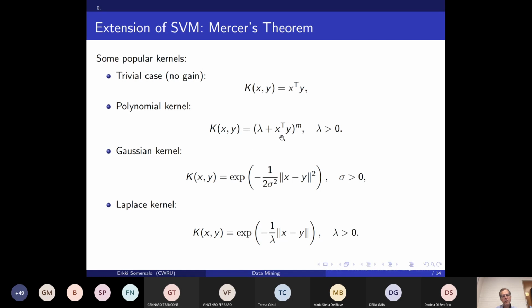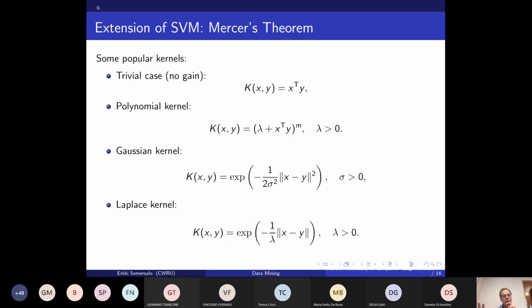Of course, if you take this binomial form and extend it using the binomial formula, you see that your k is a linear combination of (x transpose y) to the power m, and then you can use the multinomial expansion, and you see that your k(x,y) is a linear combination of polynomials of the components of x and y. And lambda here is some sort of scaling factor, which you need to choose.